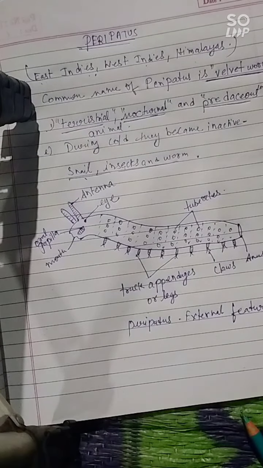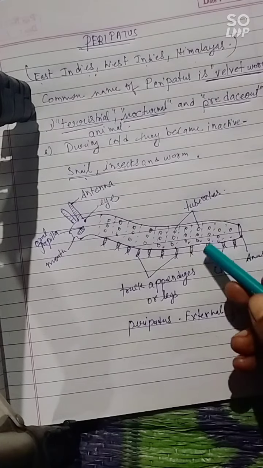The most important thing is that the nickname or common name of Peripatus is velvet worm. We have to remember this. And in 1826 Guilding said that it belongs to the phylum Mollusca. Onychus means claws and phorus means bearing, so Onychophora means claw bearing.